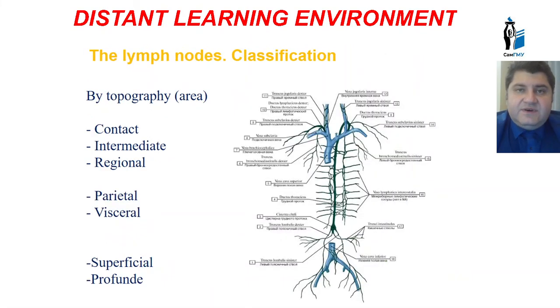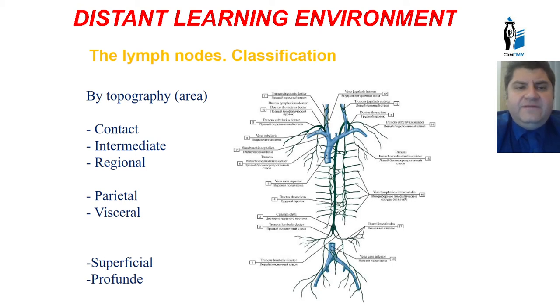Next, let's talk about classification by topography of lymphatic nodes. You may see that if a lymphatic node takes lymph from an organ, it's called a contact lymphatic node. The contact lymphatic node, one, maybe some nodes.